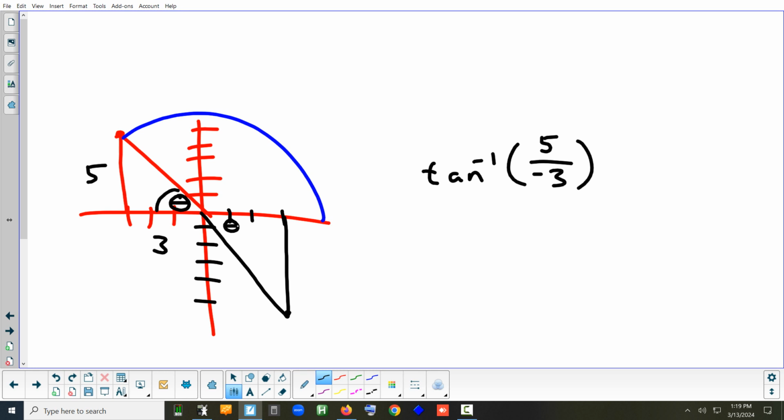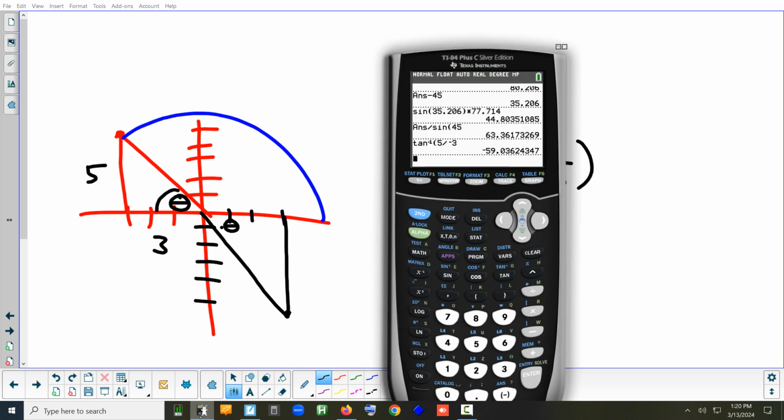That's not what we're looking for. We're exactly halfway off from where we want to be. It's halfway around the circle, and we don't want to be there. So what do you think we could add to that number that would move us over there? You would add 180. Yep. So that is really 120 degrees. That's the angle.